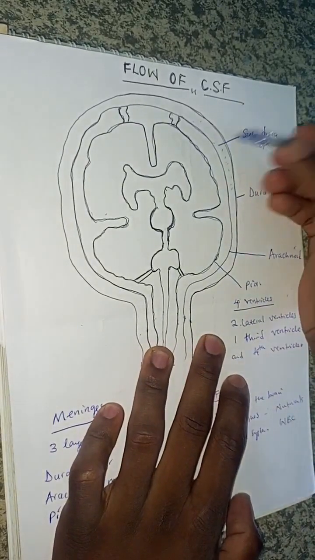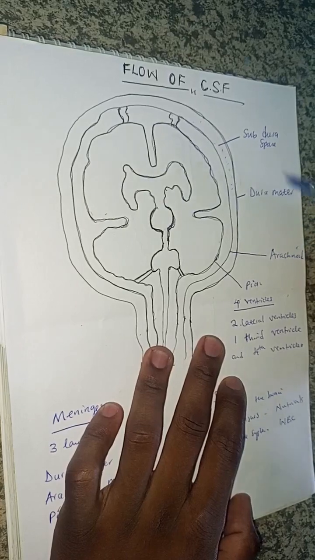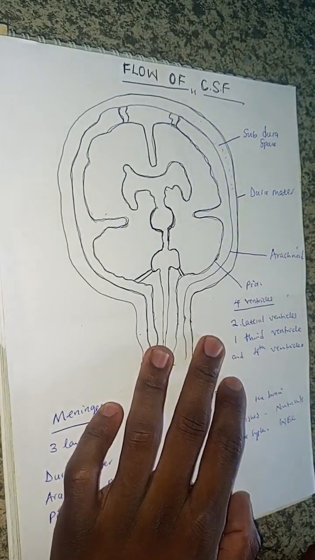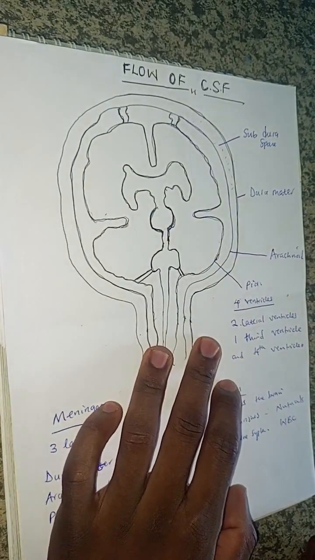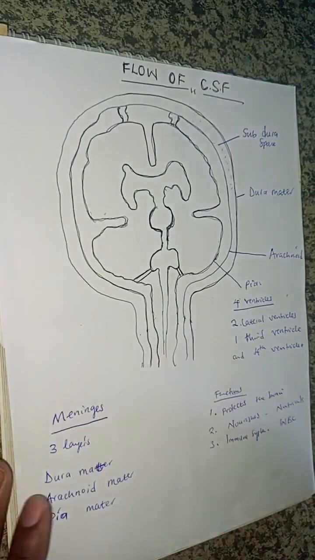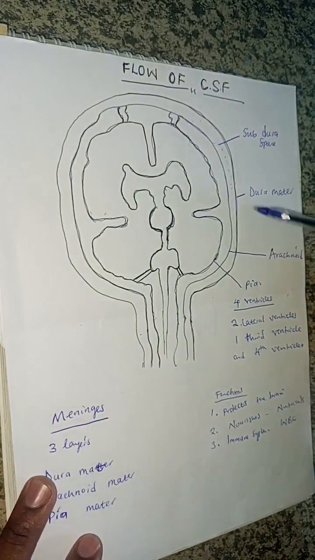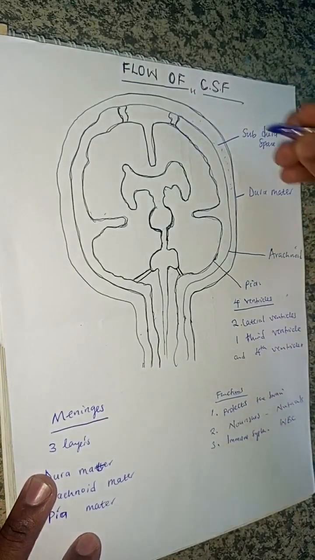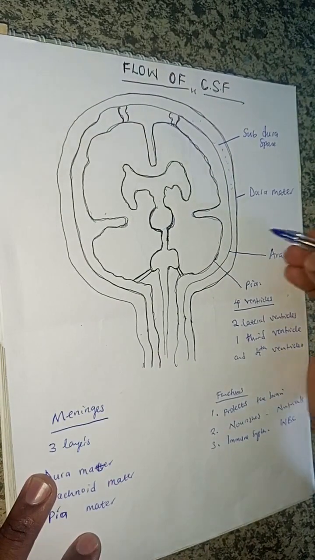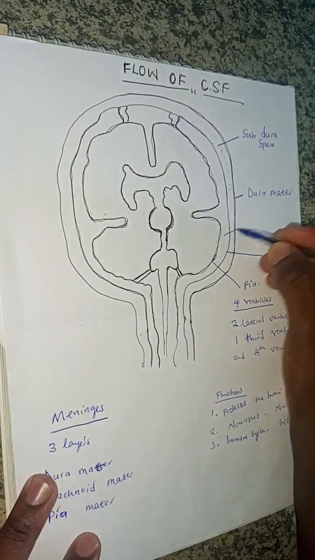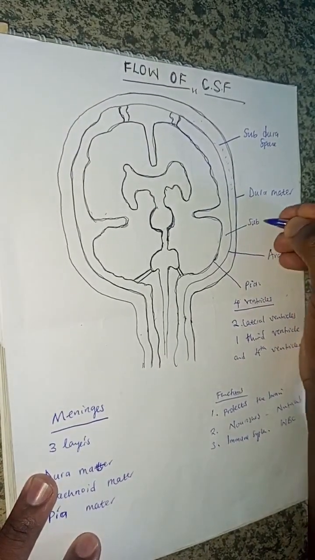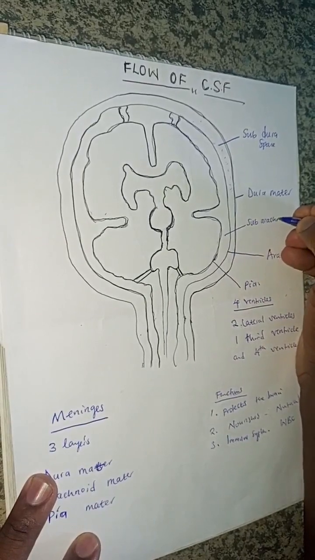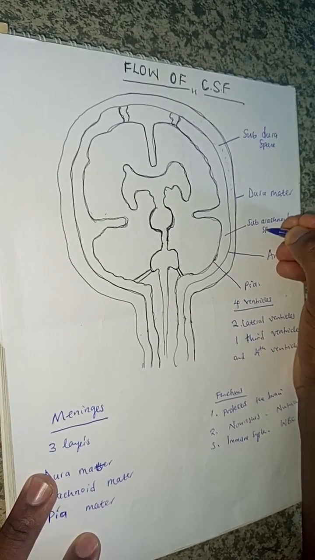So we've said the space between the dura mater and the arachnoid is the subdural space. The space in between the arachnoid and the pia mater is what we call the subarachnoid space.